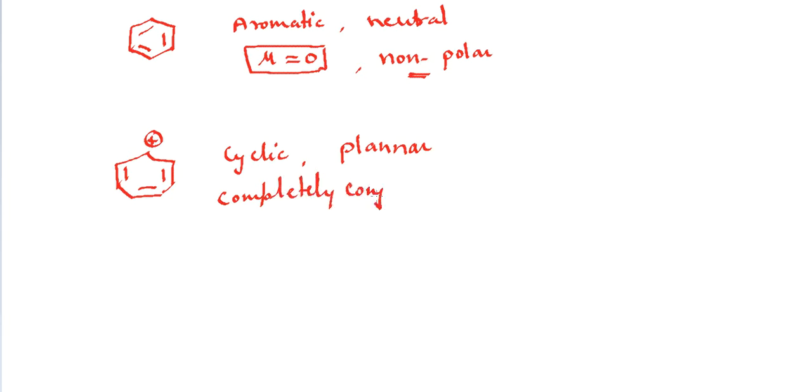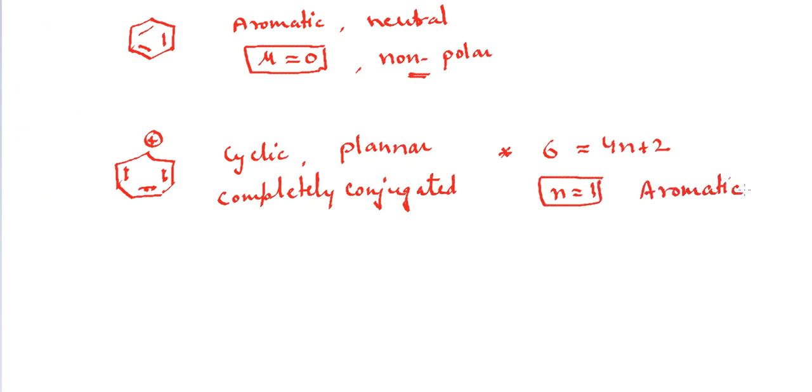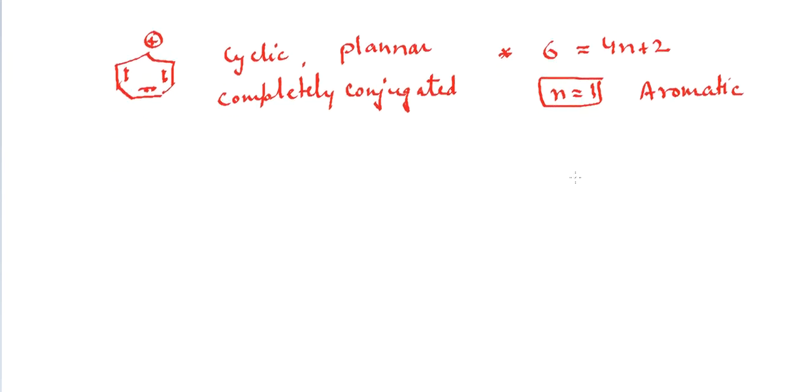Moreover, by Huckel's rule, a total of 6 electrons are participating in delocalization, coming from 3 pi bonds. Since a positive charge means no electrons, we can say 6 pi electrons equals 4n plus 2. So n comes out to be 1, which satisfies Huckel's rule, so it means it is aromatic.